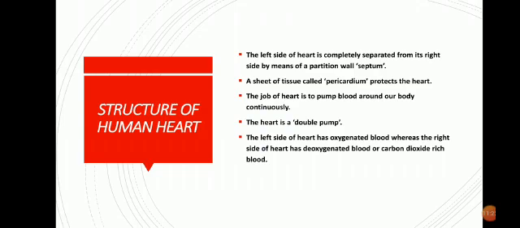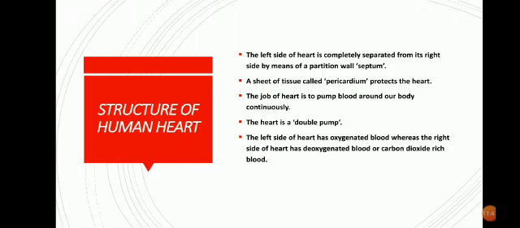Remember, the left side of the heart acts as one pump which pumps the oxygenated blood into the whole body, and the right side of the heart acts as another pump which pumps the deoxygenated blood towards the lungs. Remember, oxygenated blood is taken from the lungs to the heart, and deoxygenated blood is being sent from the heart to the lungs.